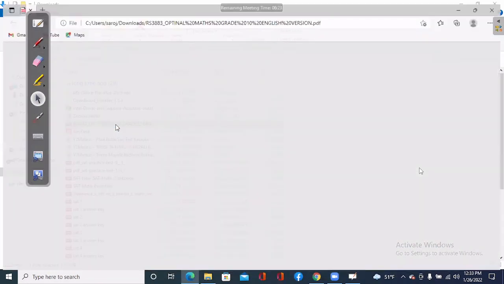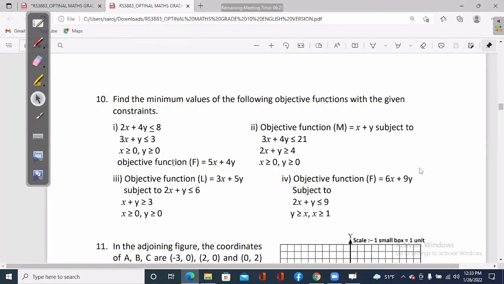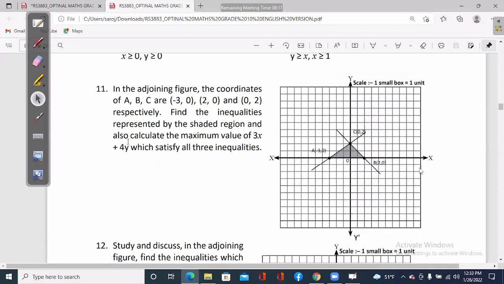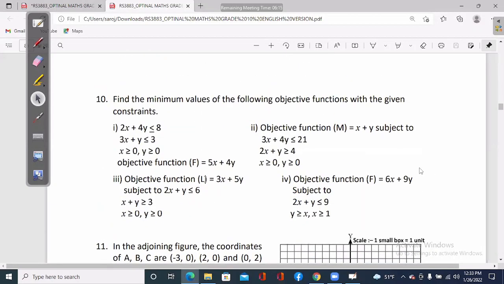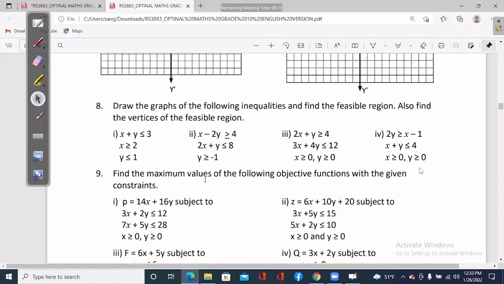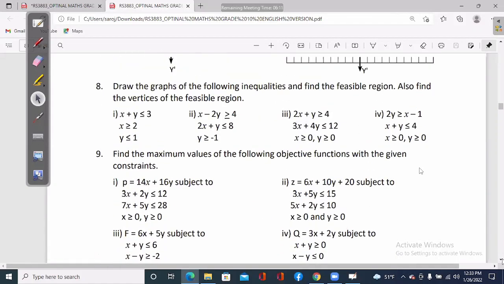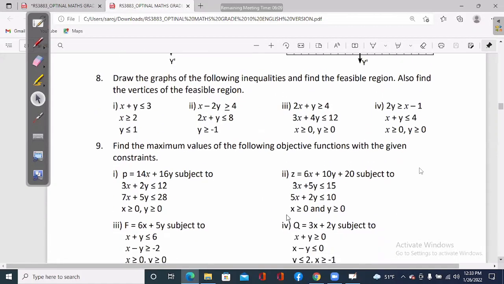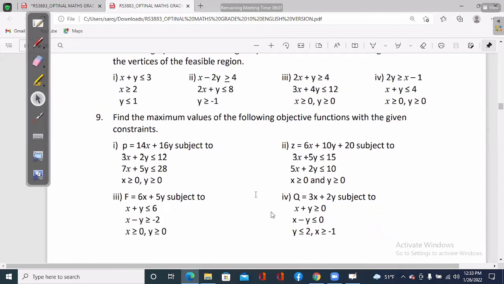So, as I already said, please all of you, I want the complete solution of question number 10, all these 4 questions, and question number 9. Everyone take a screenshot.